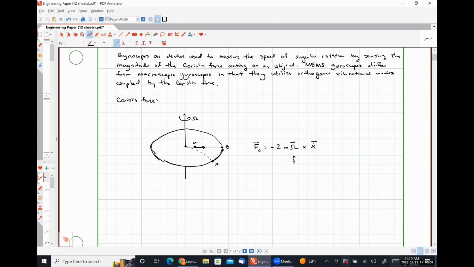So this is angular velocity, linear velocity, and mass over here. So it's important to understand we have a cross product here. So the directions of these things are critically important, right?